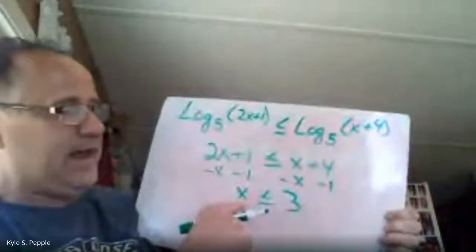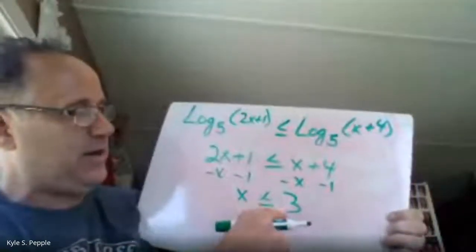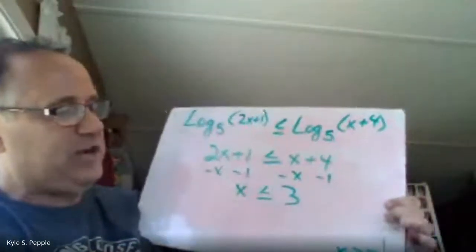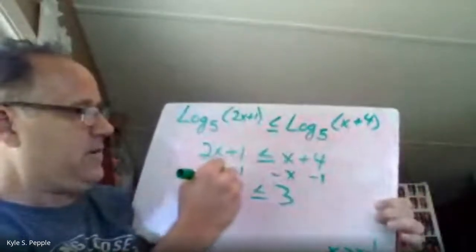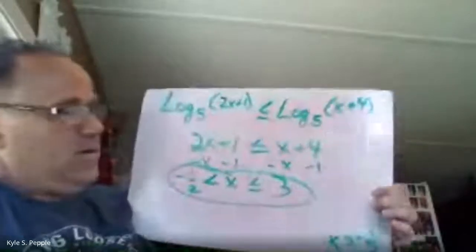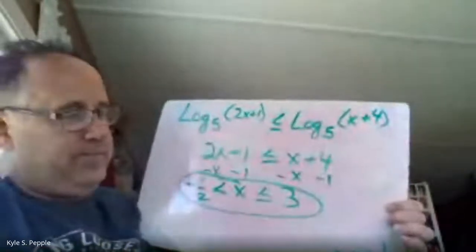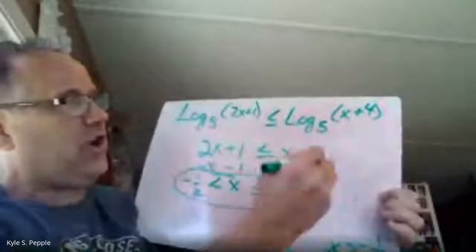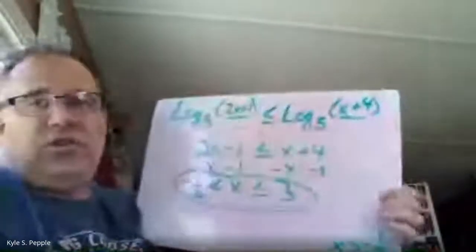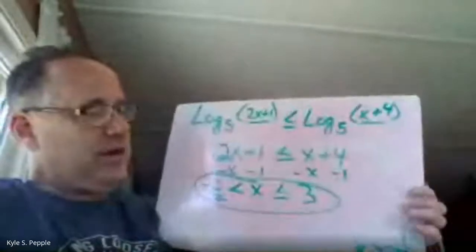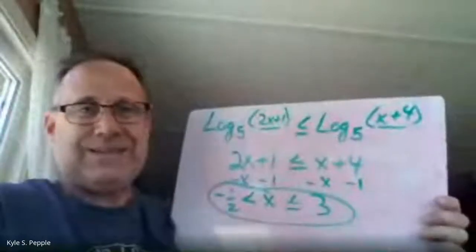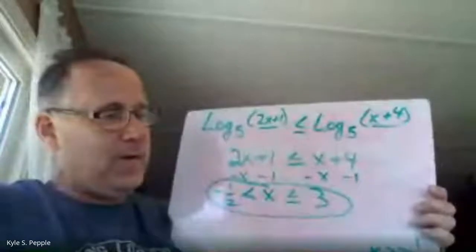So here we have x is less than or equal to 3, but x also needs to be greater than -1/2. So we always have to start off with these two to see what restrictions we might have with my solution set. Okay? So that is lesson 7.4.